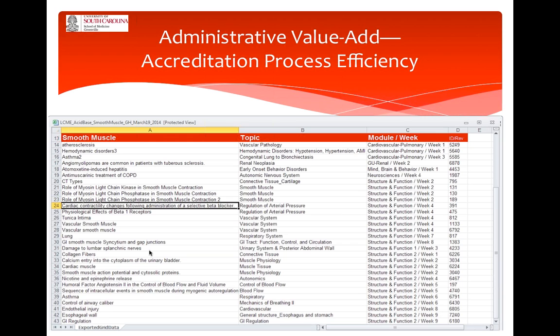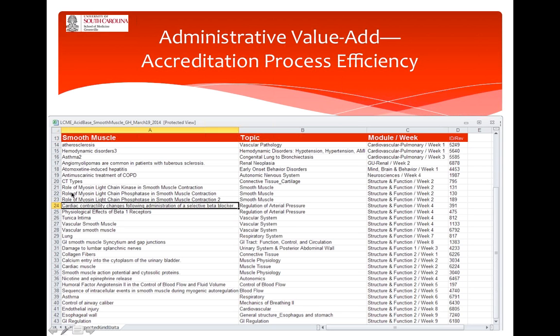And I mentioned before some of the pains and the stress of your accreditation visit. During our accreditation visit, we were asked to produce evidence of where acid base and smooth muscle appeared within our curriculum. Well, again, with our extensive mapping in ExamSoft and through our Weave system, we were able to produce an exhaustive list of every instance of where this topic appeared, during which module and which module week, and we even have all our ID numbers for test items that we use to assess for the smooth muscle topic.